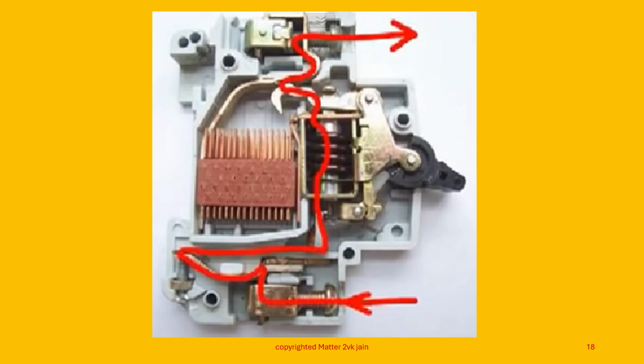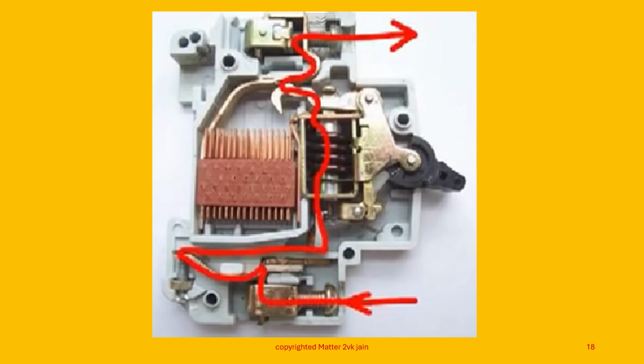Now there are two systems here through which the current will get broken. One is this thermal magnetic type device, over which, when the current overheats, it gets operated. Another is in case of short circuit, a heavy current passes through the solenoid given here, which causes the circuit to get interrupted.